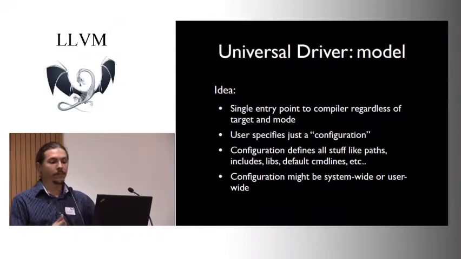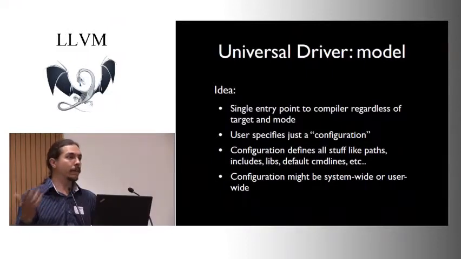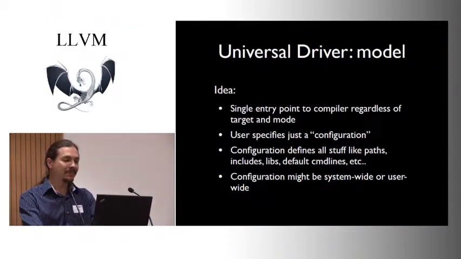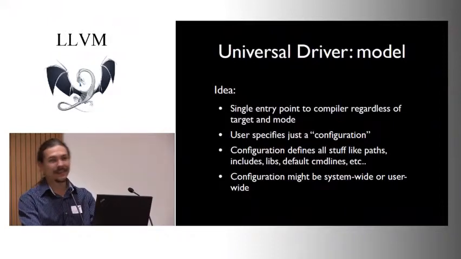Surely the configuration should be system-wide, for example, for host compilation. Your Linux distribution might provide such a configuration because any single Linux distribution has its own way of storing includes and libraries inside the system.